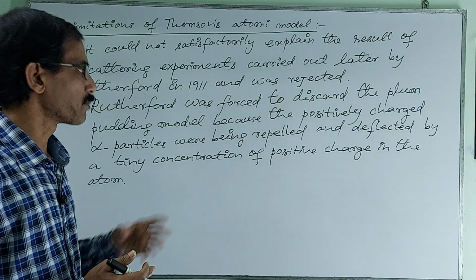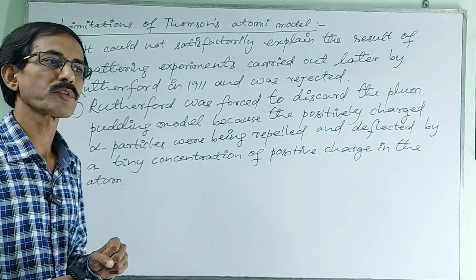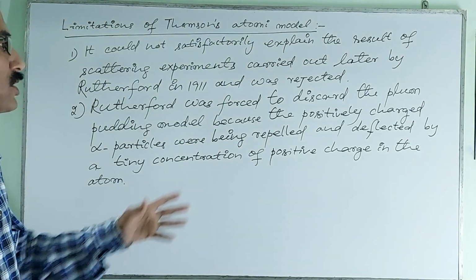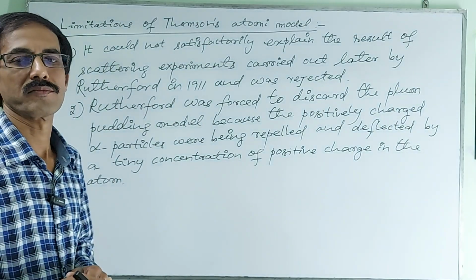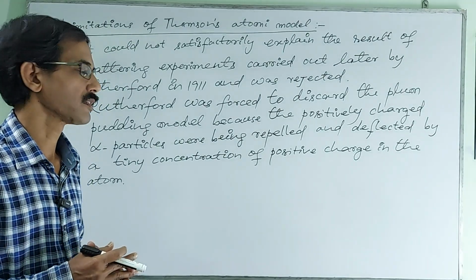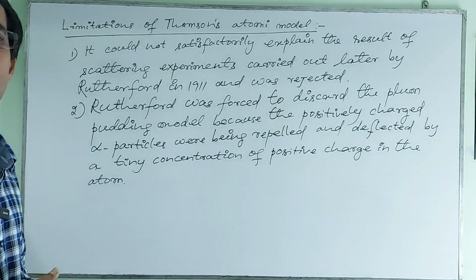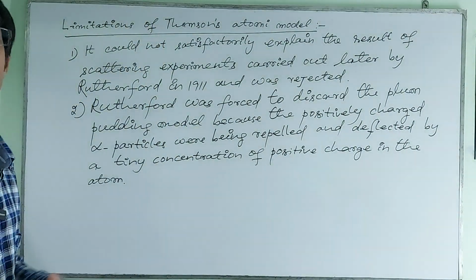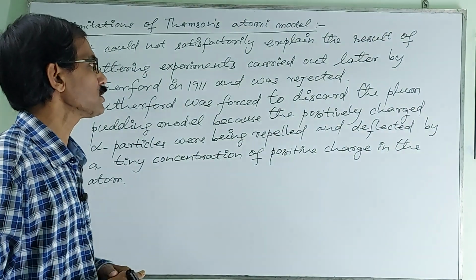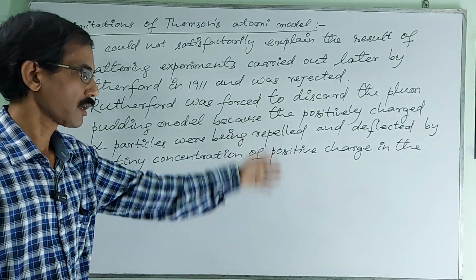Alpha particles are being repelled and deflected by a tiny concentration. What is tiny? Tiny means extremely small. A tiny concentration of positive charge in the atom is called the nucleus. That's why Rutherford discarded Thomson's atomic model based on these observations. My dear students, you write down these notes clearly and legibly.